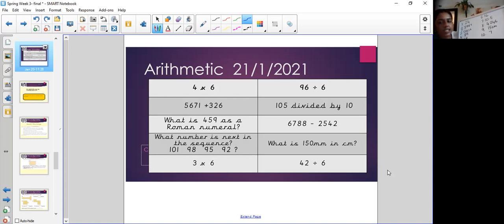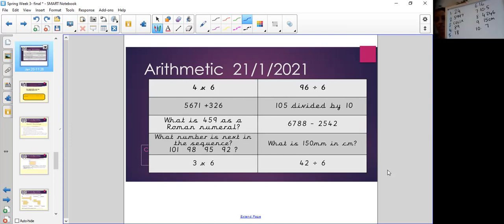Number 8, 6,788 minus 2,542 equals 4,246. Number 9, what is 150 millimeters in centimeters? So converting that is 15 centimeters. And number 10, 42 divided by 6 equals 7.